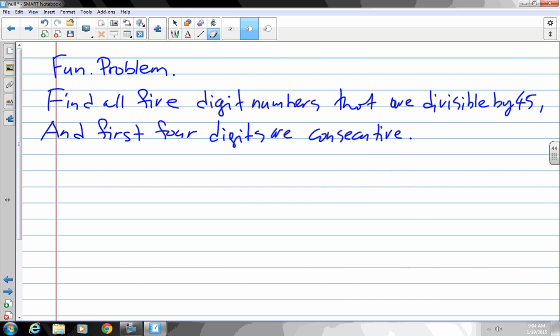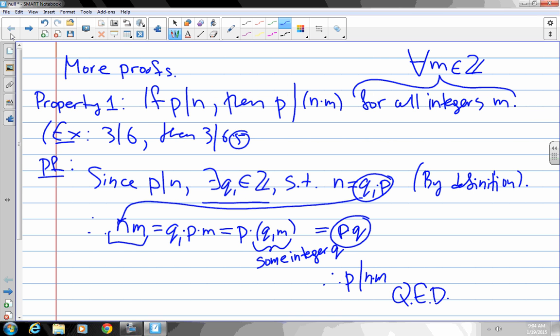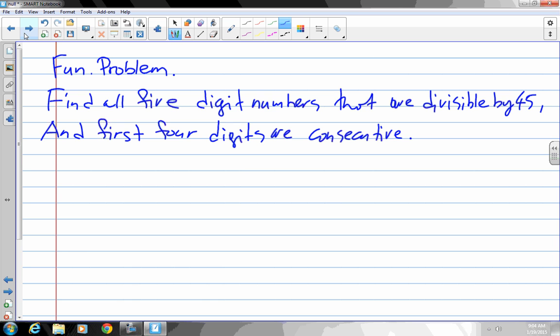Does the question make sense? Well, that's what we're about to try with sheer power of logic. Okay? So, we just proved that if P divides N, then P divides the product of N and something else, right? So here's the proof.